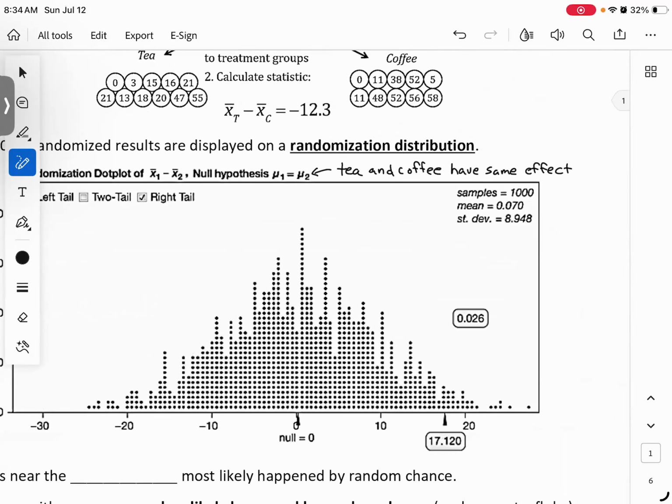And so when that happens, this is the number you'll see in the middle. If tea and coffee have no difference, or they do the same thing for you, that's going to be a null value of 0.